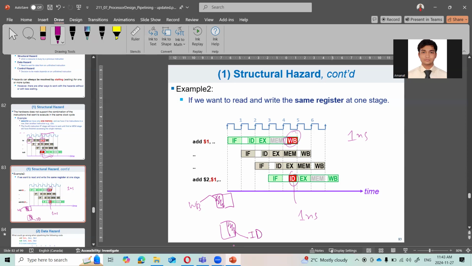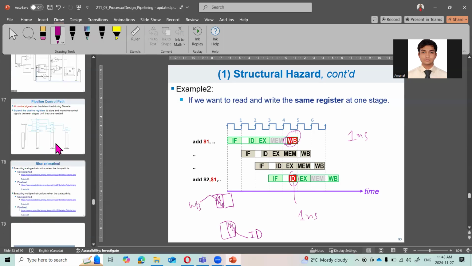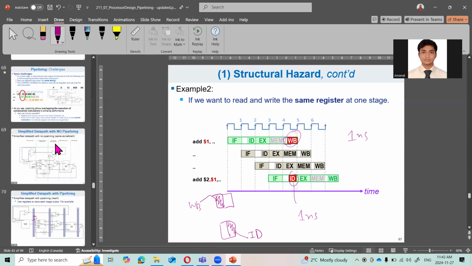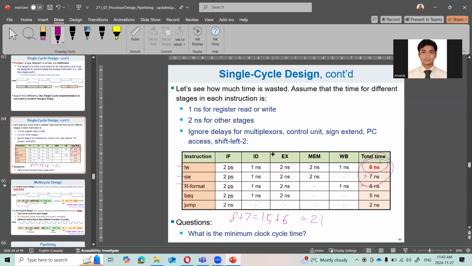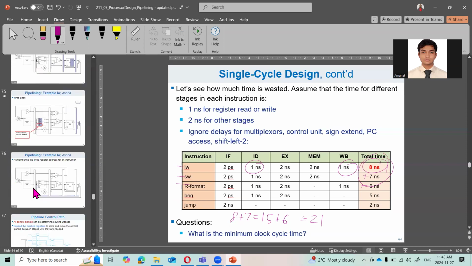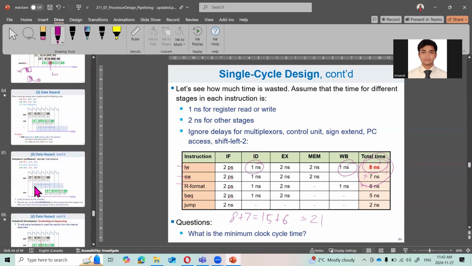Because if we go back to this, here we see that decoding and write back take 1 nanosecond, right? That's why we could divide 2 nanoseconds and avoid that hazard.